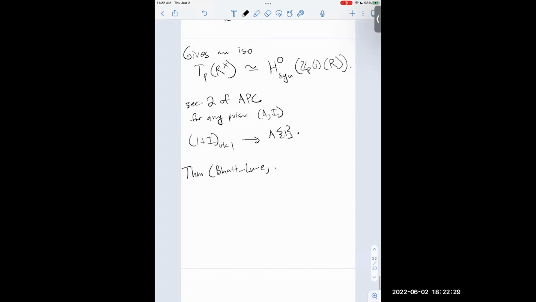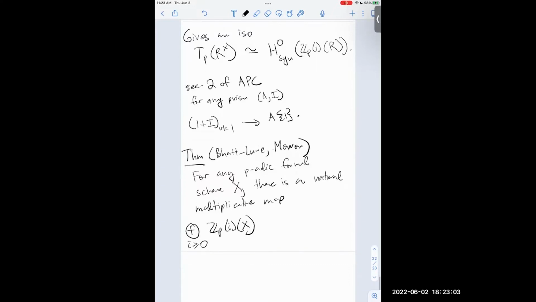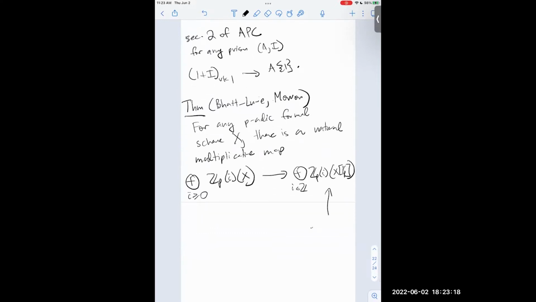It was also observed in Morrow. And it states that if you have any p-adic formal scheme, there is a natural multiplicative map which goes from the direct sum of Z_p(i)(X), as defined above, let's say if X is quasi-syntomic, to the usual étale cohomology of the generic fiber.